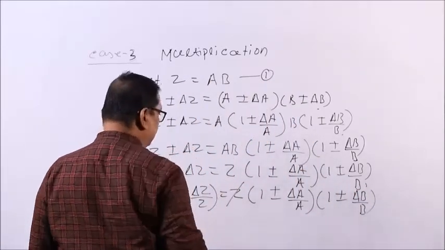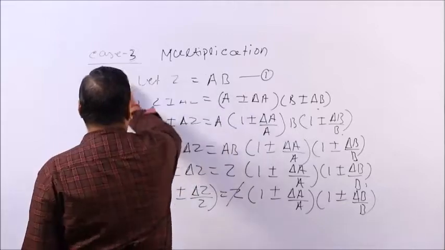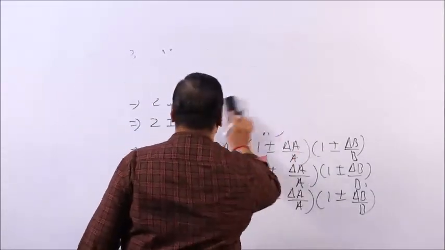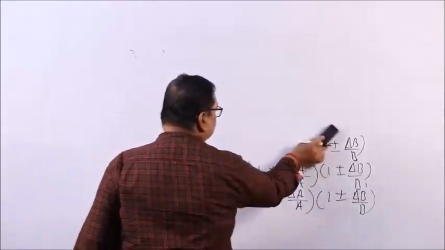So, here Z cancels. Now, open the bracket in the RHS.